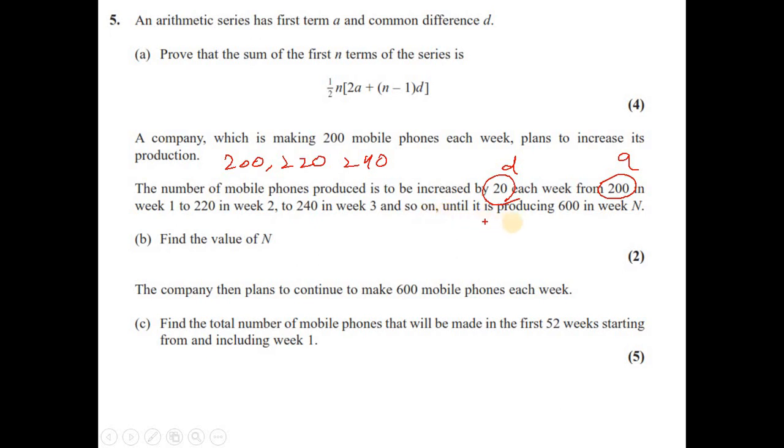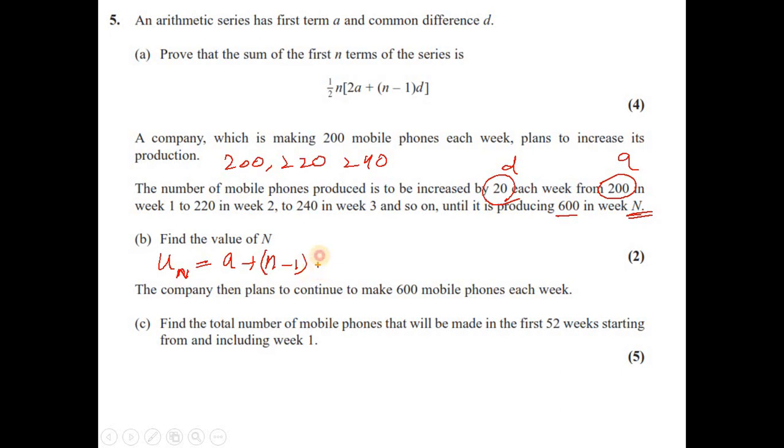Until it is producing 600 in n weeks. So find the value of n. That means you need to find the number of weeks to reach your target of 600. So you need to find the nth term. You know that the nth term un is equal to a plus n minus 1 d.